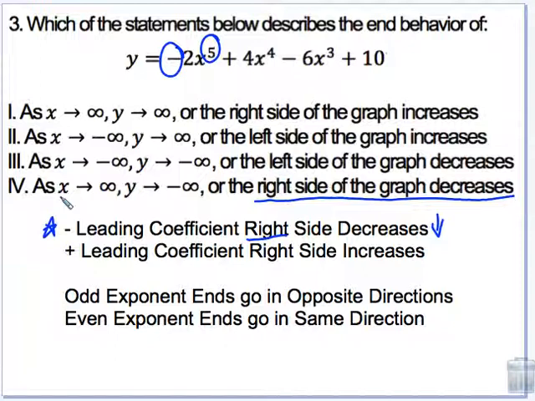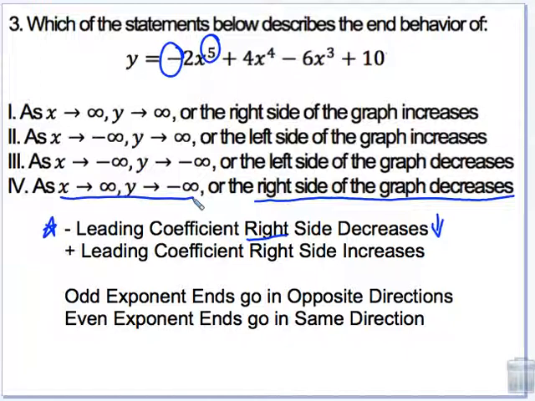With these, you need to understand what all this means. And this is the math shorthand. And then I have it written out in longhand, I guess, or in words. All right. So here, your negative leading coefficient makes the right side decrease. If you have a positive leading coefficient, the right side is going to increase.